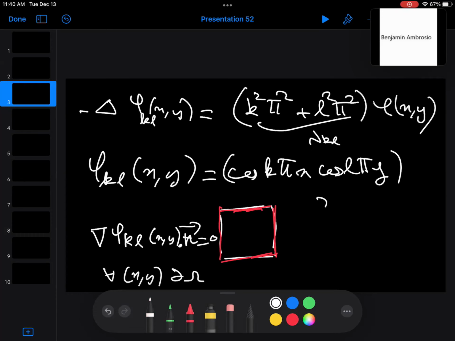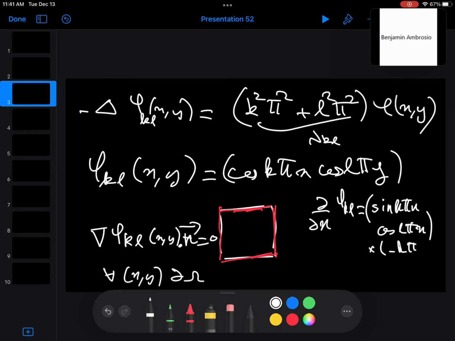If I take the partial derivative with respect to x of phi k L, what I get is sine k pi x cos L pi y, and I need to multiply it by minus k pi.